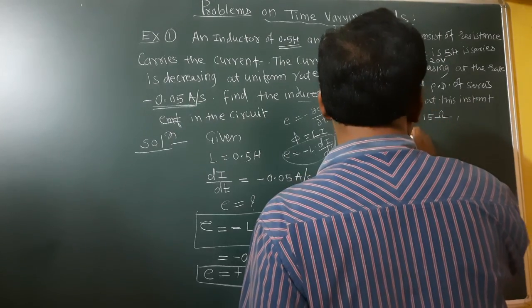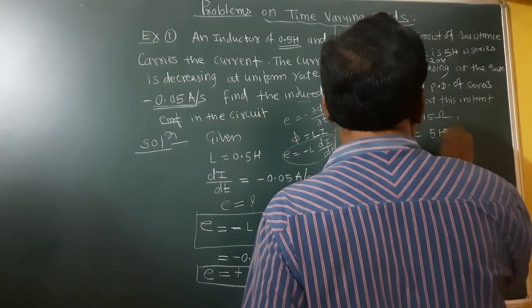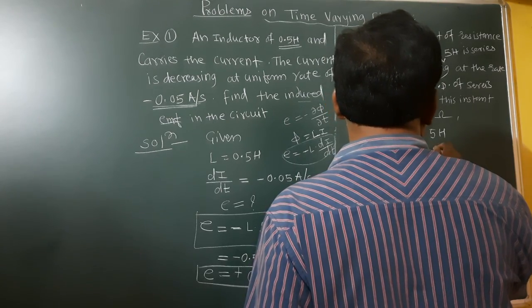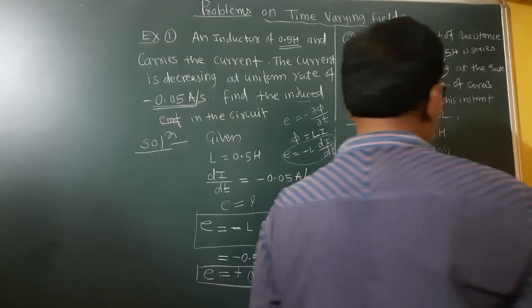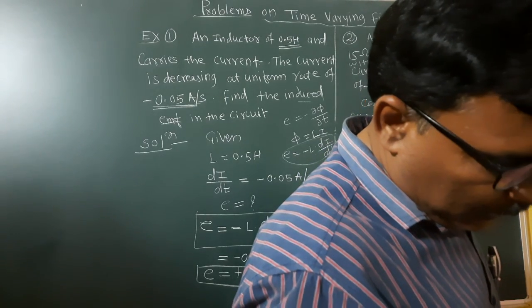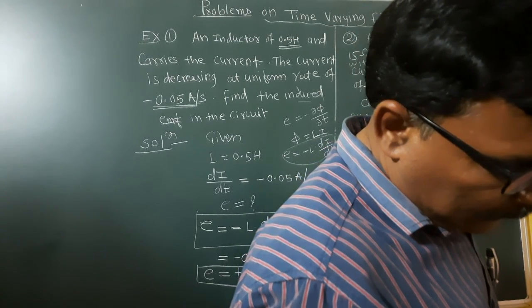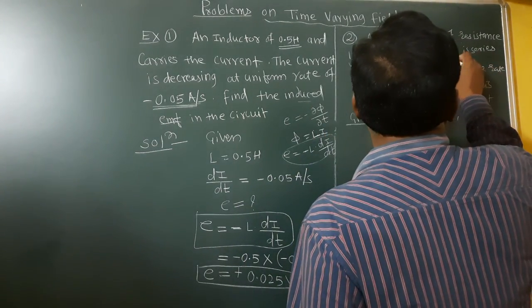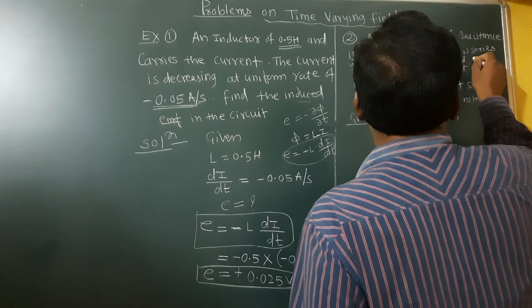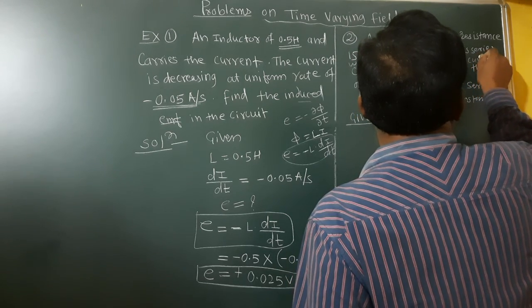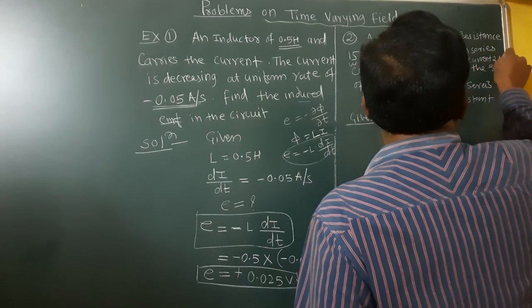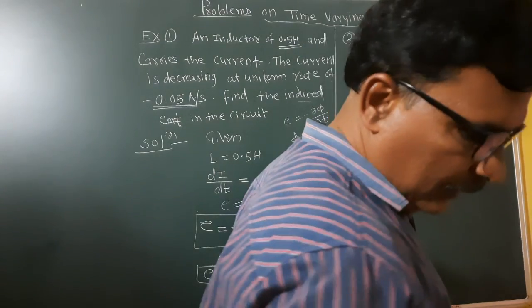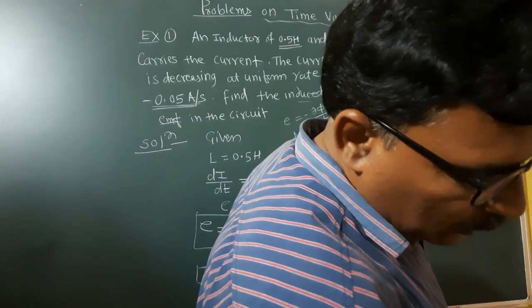That is, inductance L equals 5 Henry. The battery EMF is V equals 20 volt. The current is given here as 2 ampere.